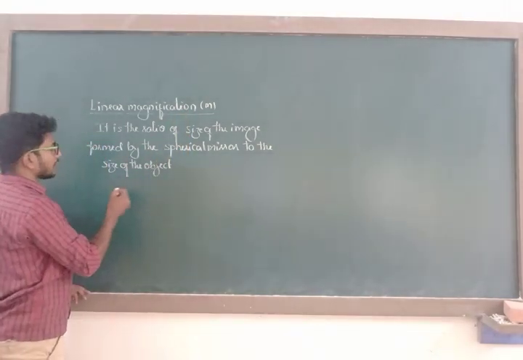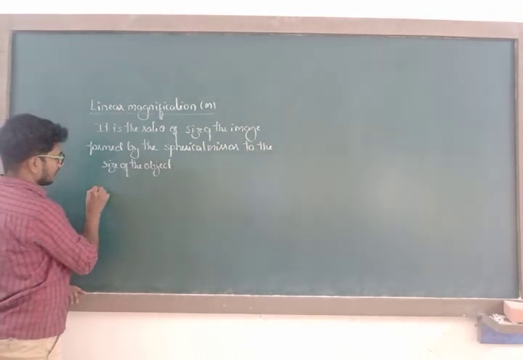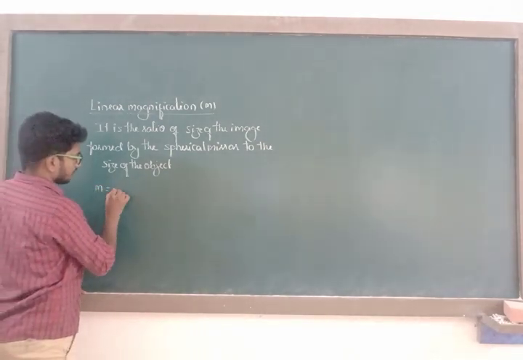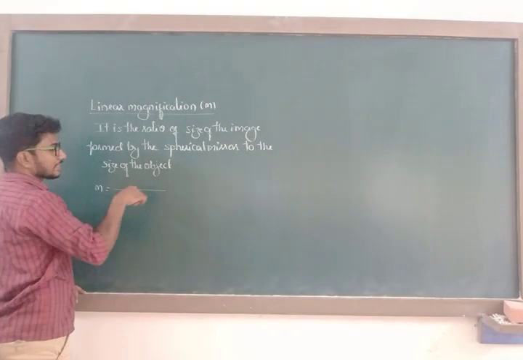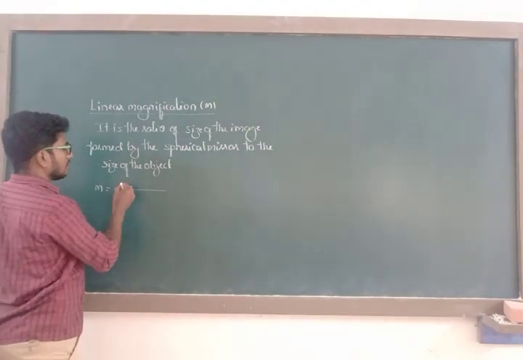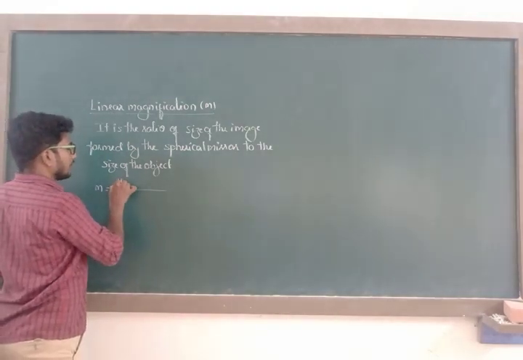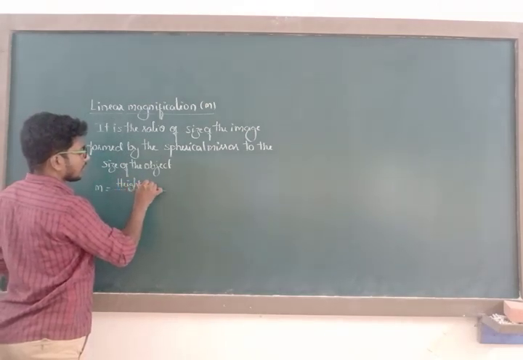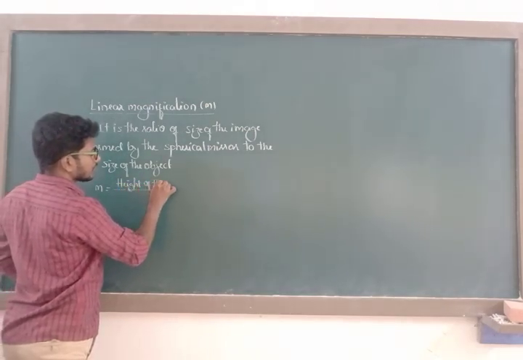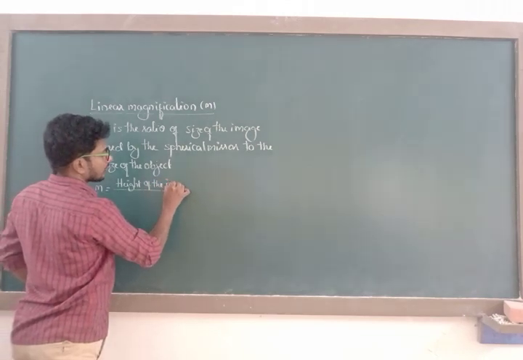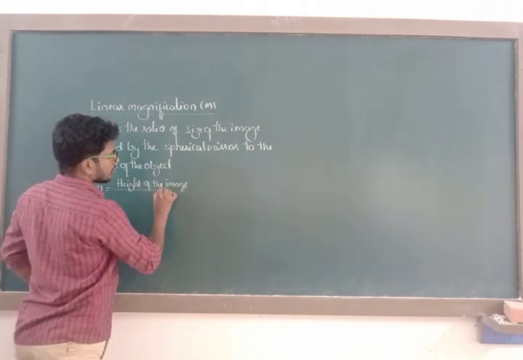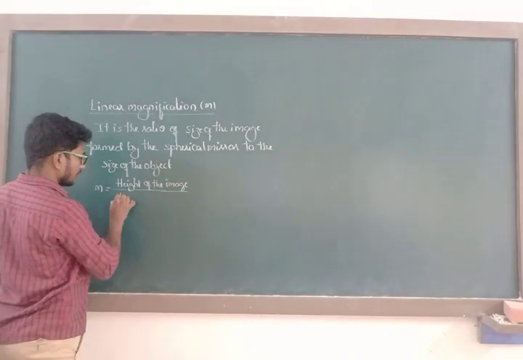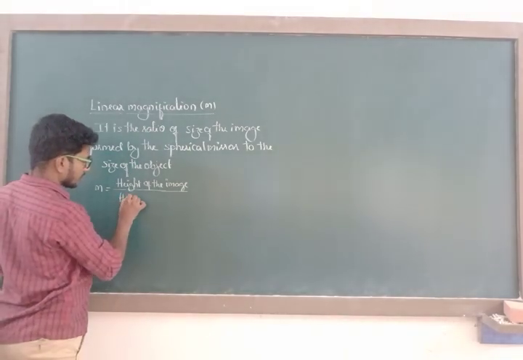So mathematically we can write linear magnification is equal to the size or height of the image divided by the height of the object.